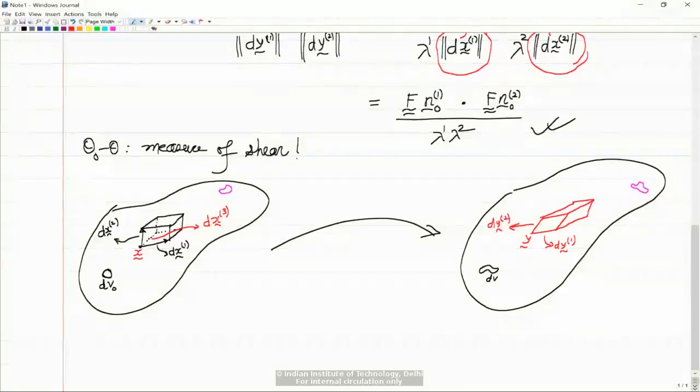Anyone? Cross product, box product. Okay, I never heard this name box product, but it looks a very nice name. I understand what you mean. STP, what is STP?